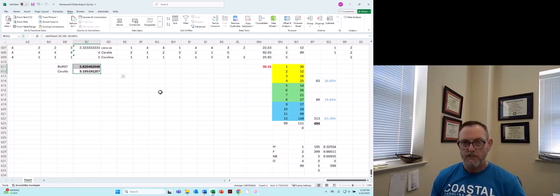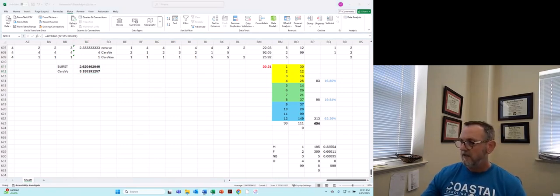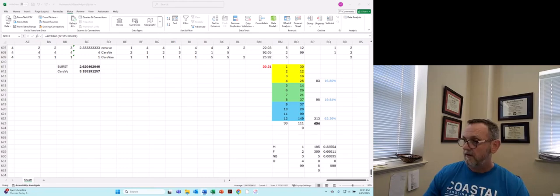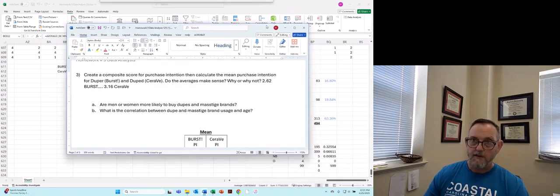The average Burst composite score is 2.62, and 3.16 if we round up for CeraVe. That's kind of our answer.